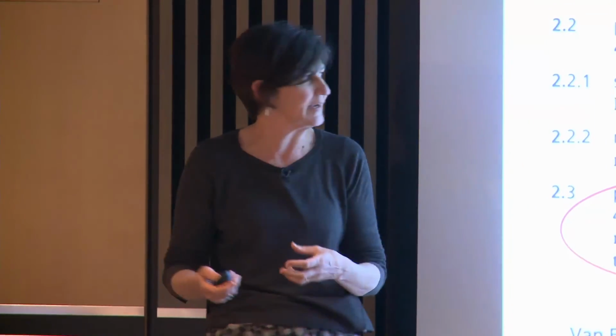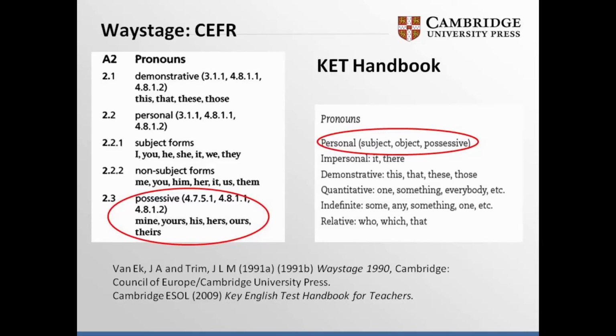So we're very interested in the fact that we know something grows, we know that the seed is planted, but we don't necessarily know what's happening in between. So take something like, for example, possessives, which in the Common European Framework and in the Key English Test Handbook is identified. Possessive pronouns are identified here at A2. And all of them are identified at A2.